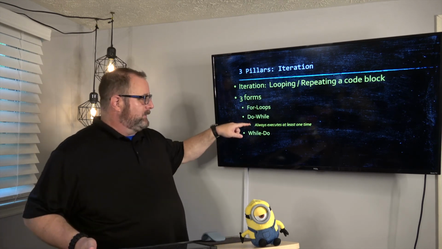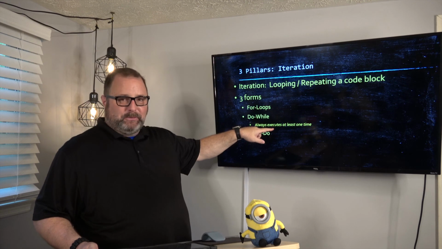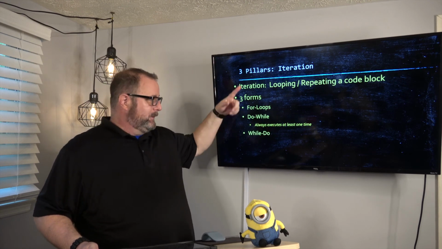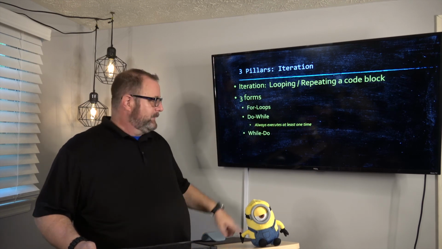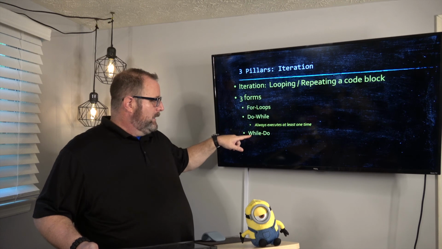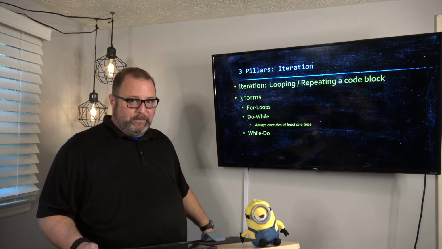In a do while, it's going to execute this code and then say, is this bottom condition true? Okay? If it is, I'm going to keep looping. The minute it becomes false, I'm dropping out. Okay? And in a while do, that evaluation occurs before it gets to the loop.